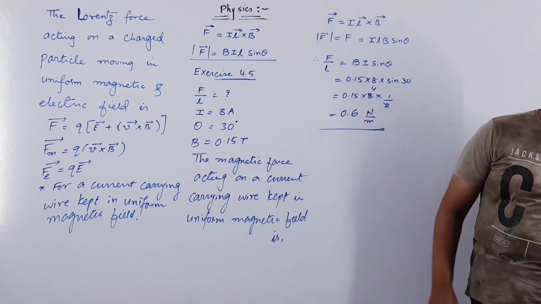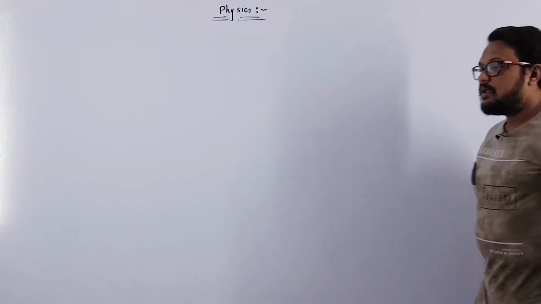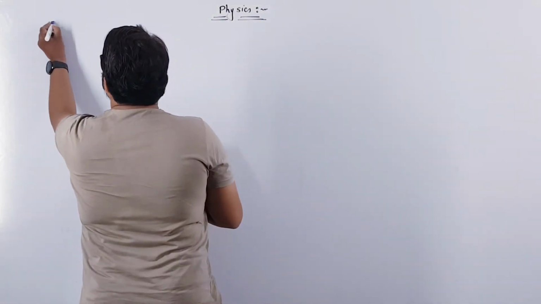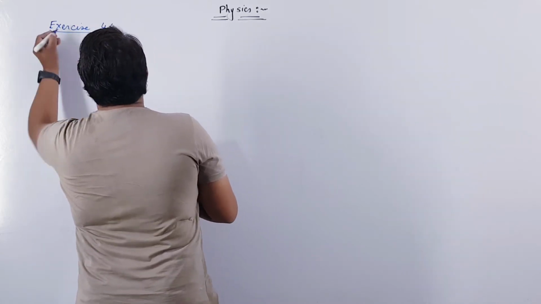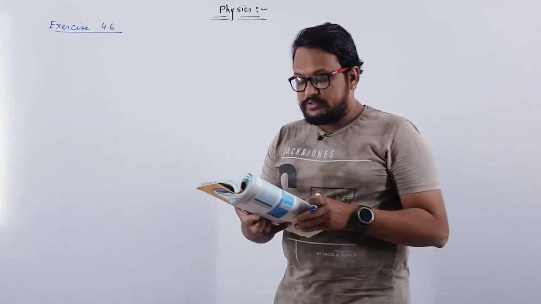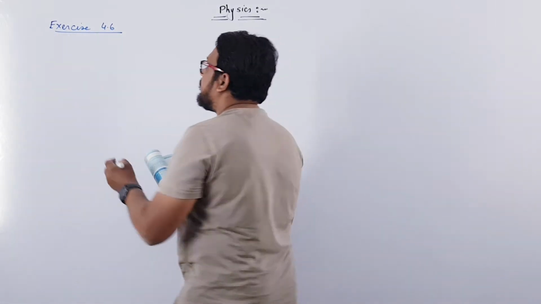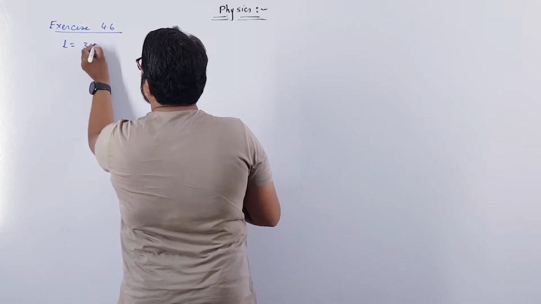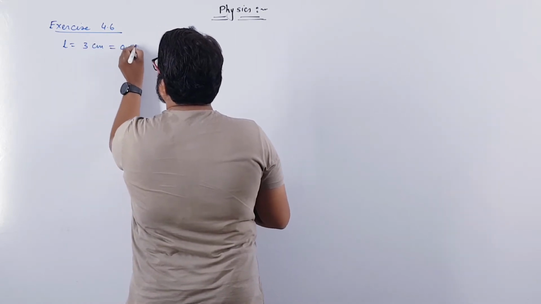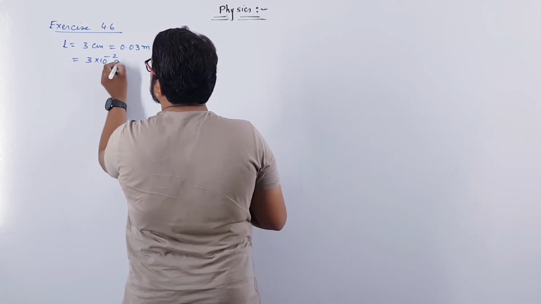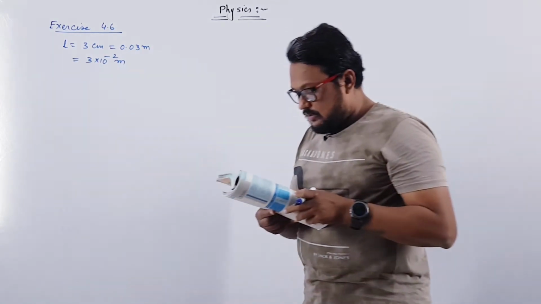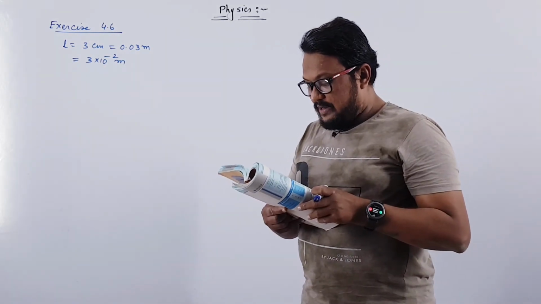Exercise 4.6. The next similar kind of example is unsolved example 4.6, or you can say exercise 4.6. A 3 centimeter wire, length of the wire is given as 3 centimeter, which is actually 0.03 meter, or if you want you can write 3 into 10 to the power minus 2 meter, carrying a current of 10 ampere.